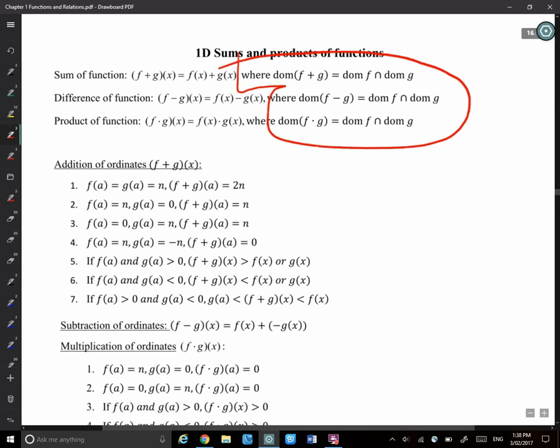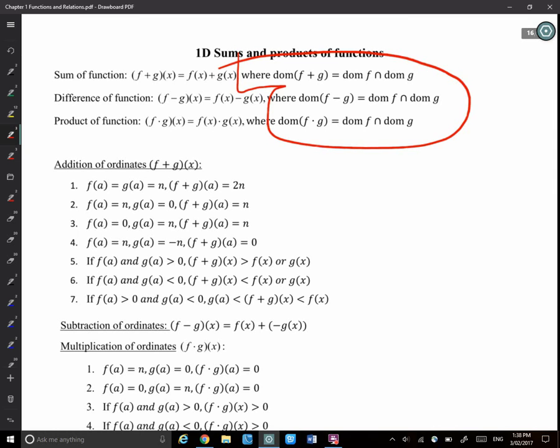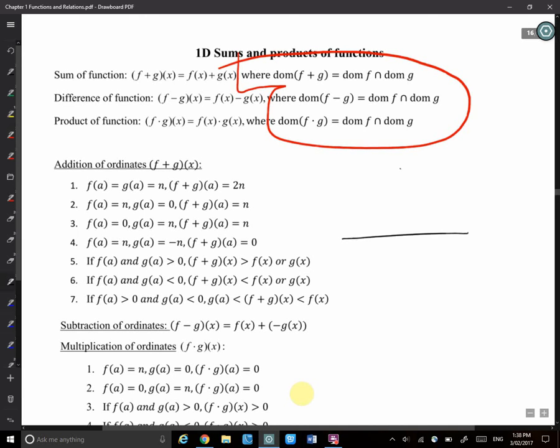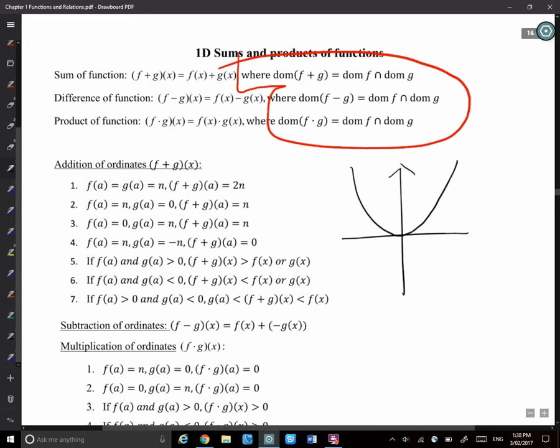The domain will be the intersection between the two functions. No matter whether it's sum, subtract, product, or divide, it's always the intersection between the two functions. Why does that happen? Think about x squared and square root x, and I want to sum them.